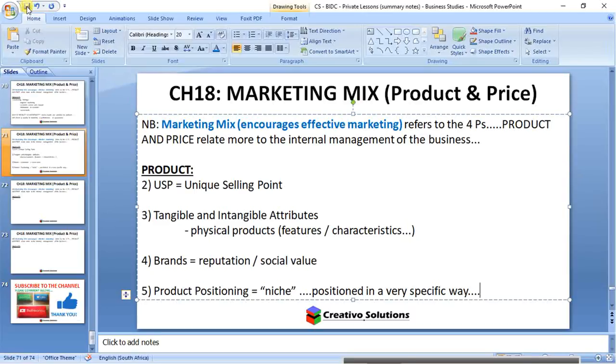Right? They've positioned their product in a very specific way that allows them to target a specific market or allows them to market more effectively. Because remember, we're focusing on marketing. Marketing is looking at buying and selling goods and the communication that is required to sell the goods. Does that make sense?